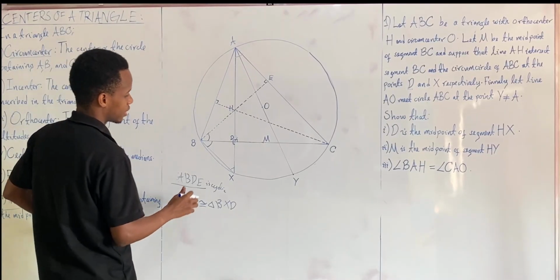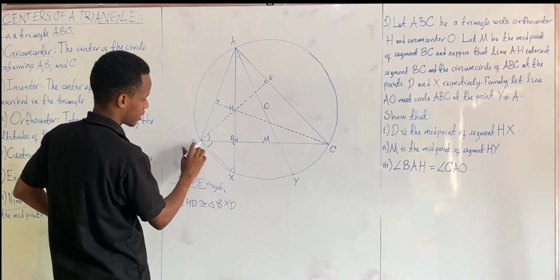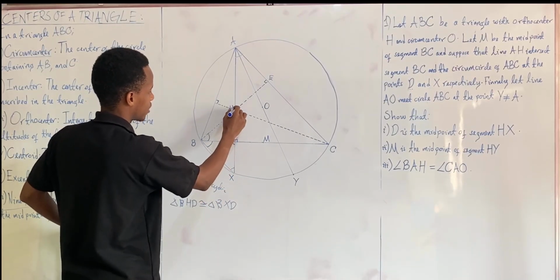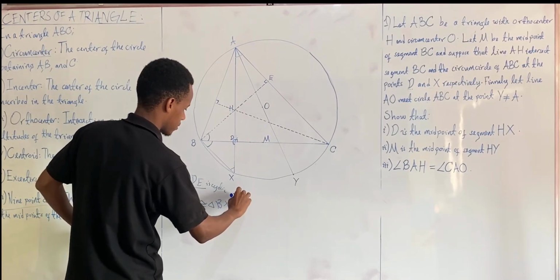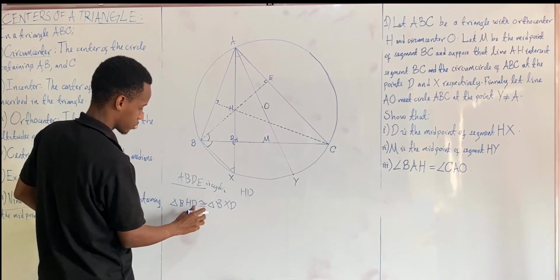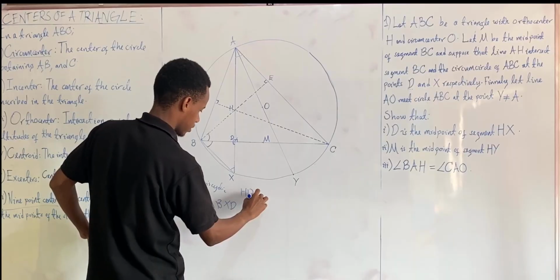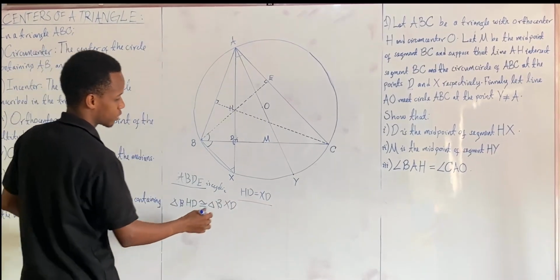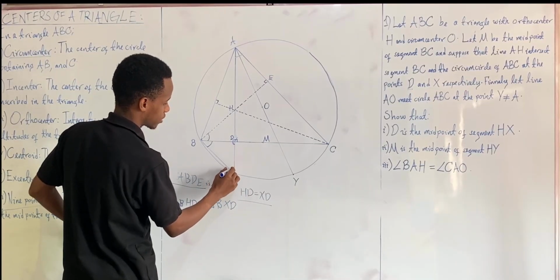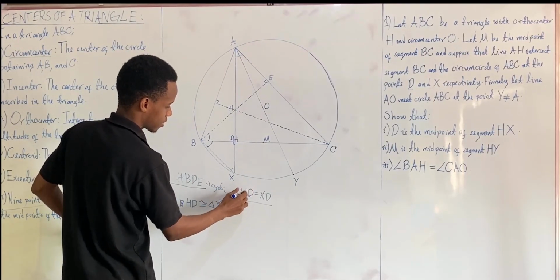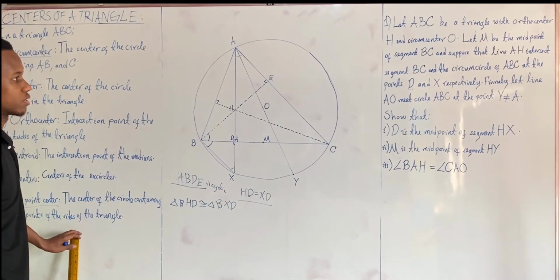And so that will imply that the corresponding sides will also be the same. Consequently, we must have that HD will correspond to the length XD, which is what we wanted to show. We wanted to show that D is the midpoint of the segment HX. So this is our solution for this problem.